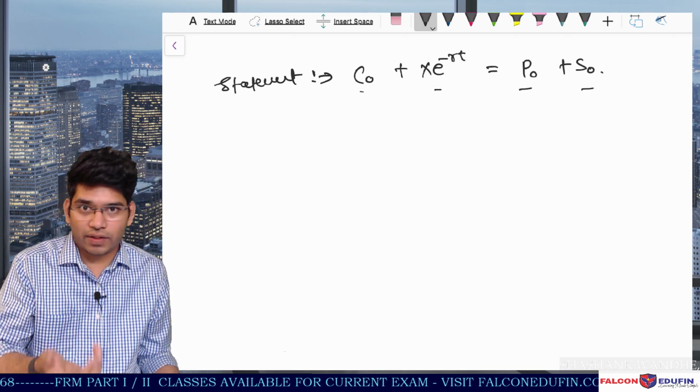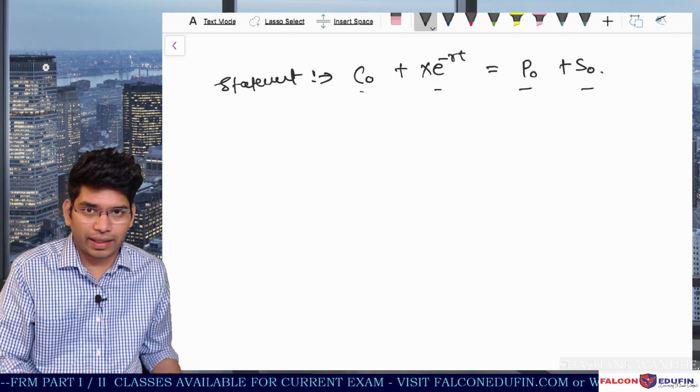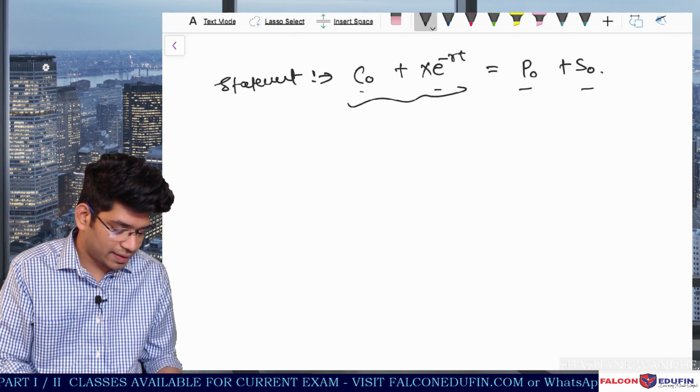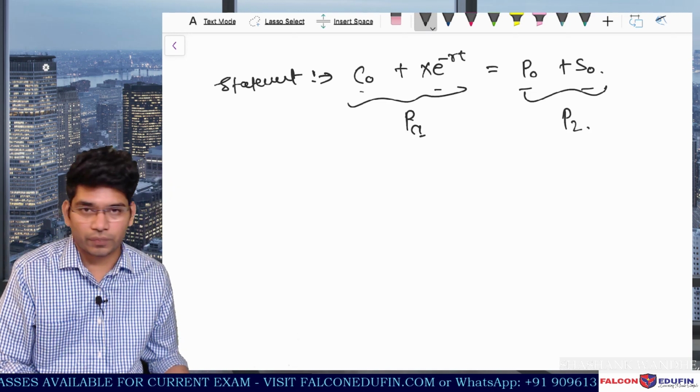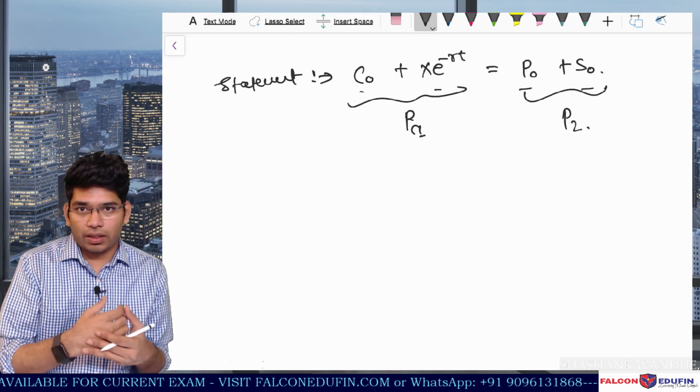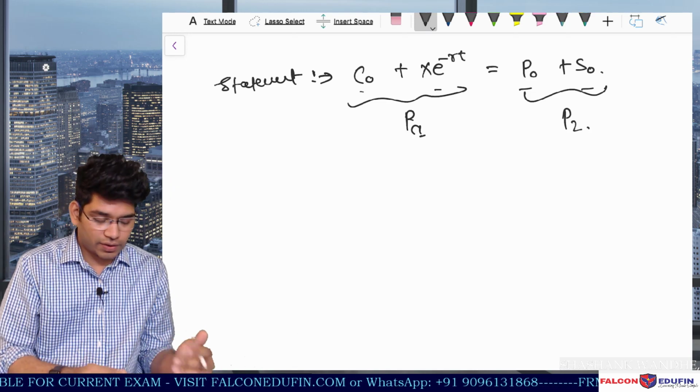Okay, so the explanation. First I will give the explanation, then we will do some reconciliation. So see here, we will assume that this is portfolio 1 and this is portfolio 2. Using the no arbitrage principle, this put call parity works.